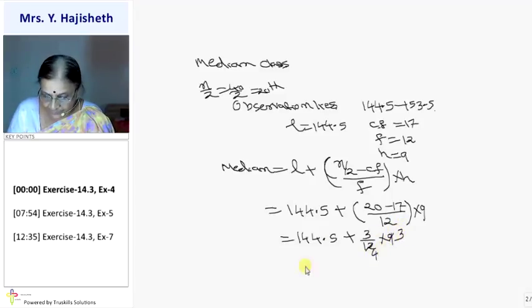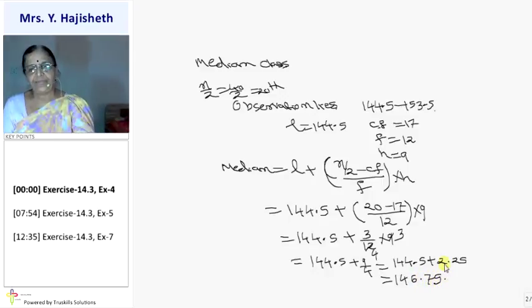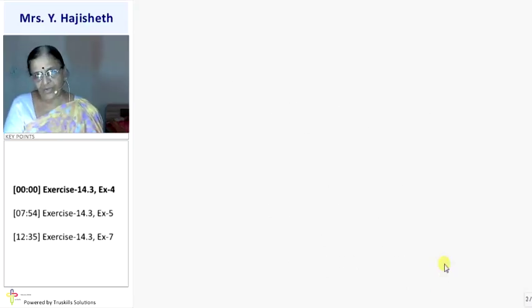So it is 144.5 plus 9 by 4. That is 144.5 plus 2.25, and that is 146.75. Clear? This is my median of the given data. Okay.